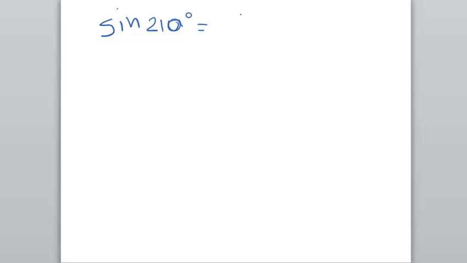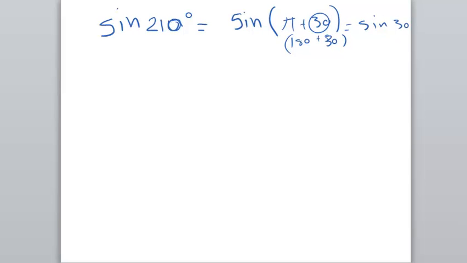So what we do is sine of pi plus 30, because 180 plus 30. So the answer would be equal to sine 30, because this number would be equal to this number. It is 180 plus 30.